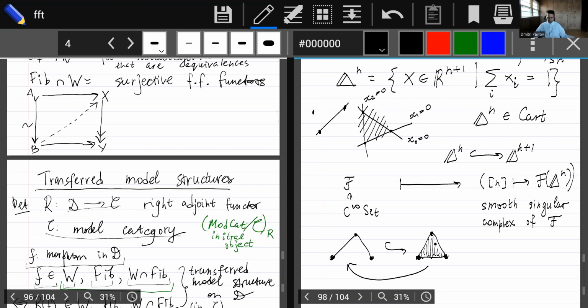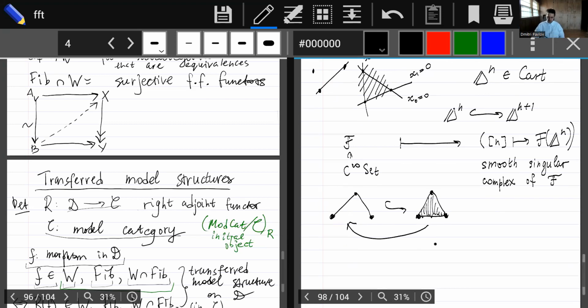But ultimately, what is remarkable is that despite these problems, like I just demonstrated to you, the transferred model structure exists and is a Quillen equivalence. So there is also a left adjoint, which in complete analogy to topological spaces is called the smooth geometric realization.